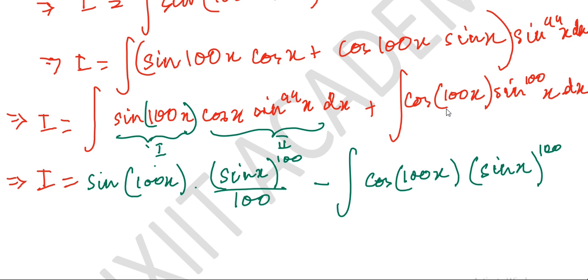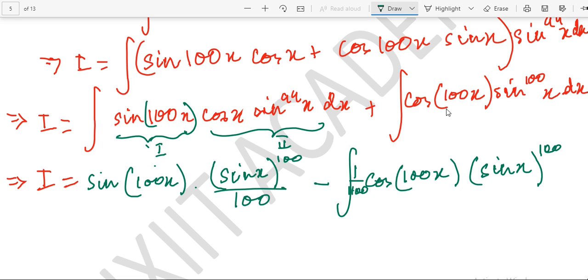The derivative of sine of 100x is what? Cos 100x, but there is a factor of 100. We are not integrating this, so it is simply 100 cos of 100x.